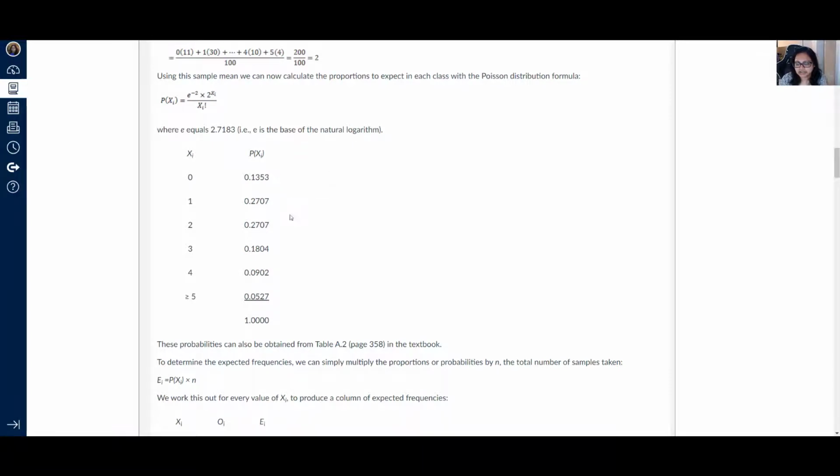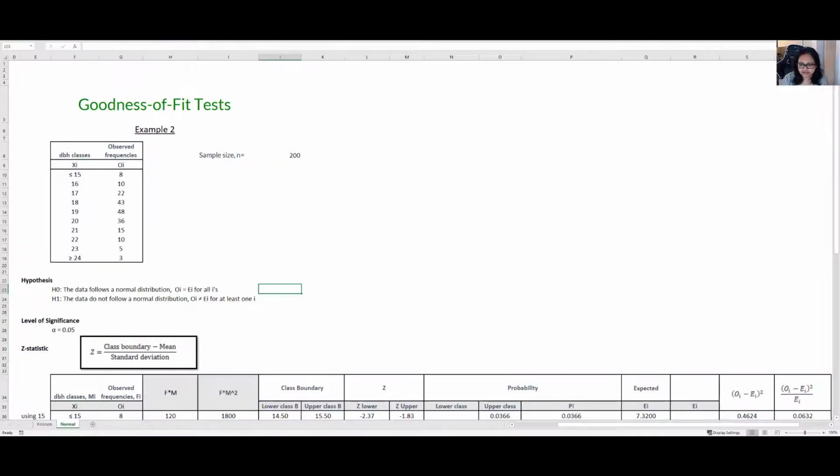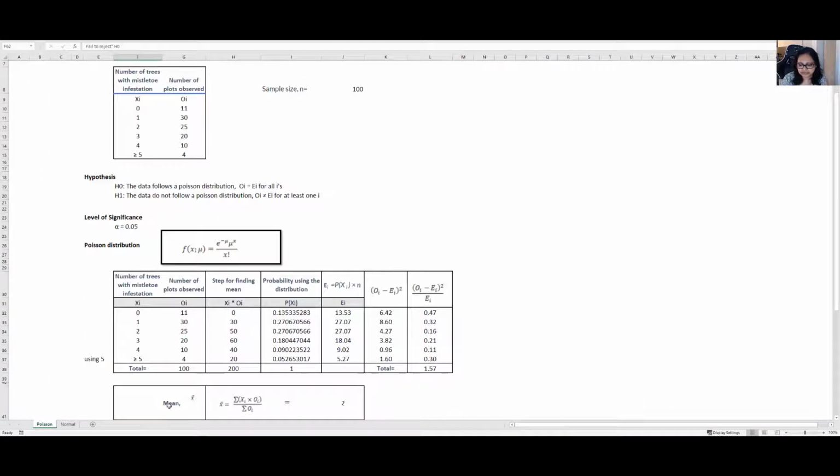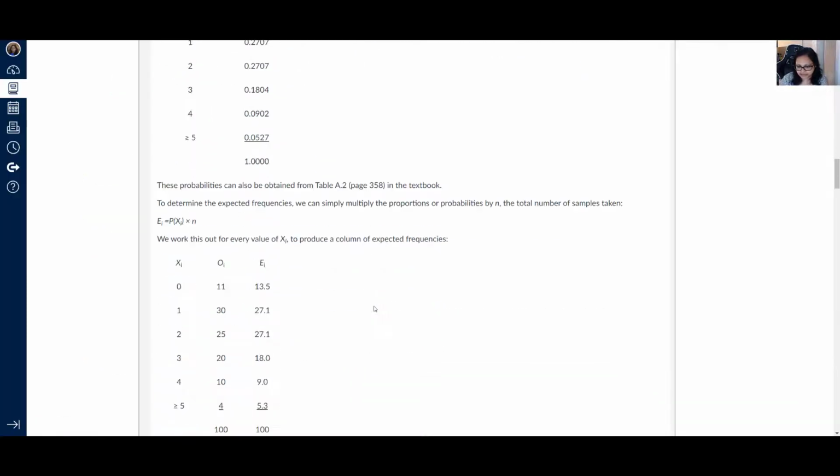You will see that in the lesson and in my Excel example, the values might vary a little, but it will be close, because I used approximate values, and in Excel I used more decimals. That's why the values might be a little bit different.